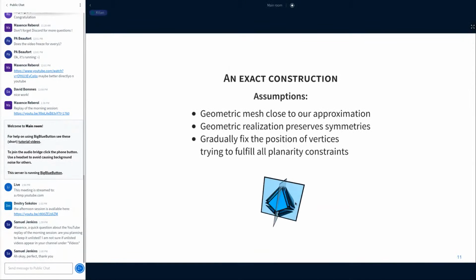But numerically there is no way for you to just get a geometric mesh directly. So to simplify the problem, the first trick that we're going to use is to greatly reduce the number of degrees of freedom of the problem by considering the symmetries of the mesh.